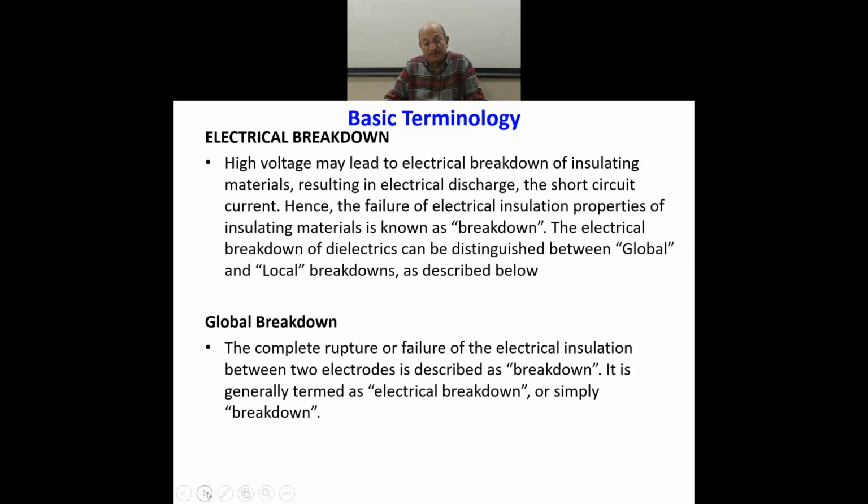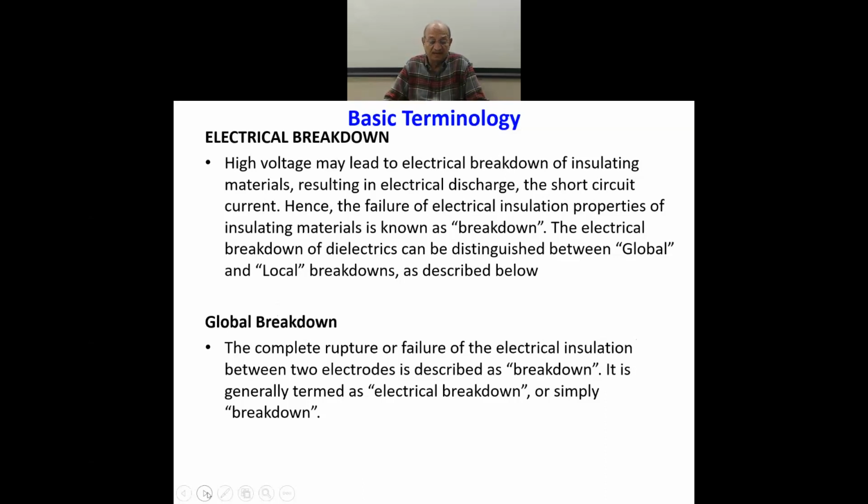I would put it, why dielectric has been termed dielectric. In fact, there is no insulating material which does not allow some passage of current. You would be knowing a capacitor has a charging current.